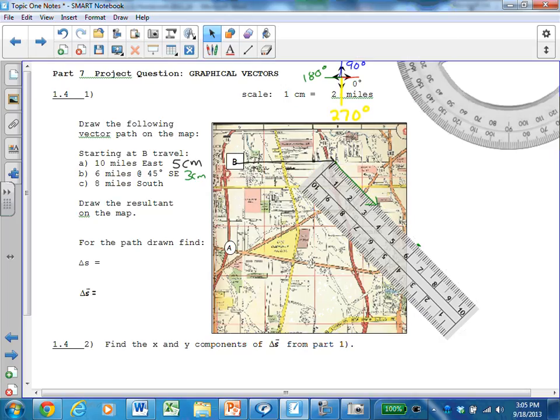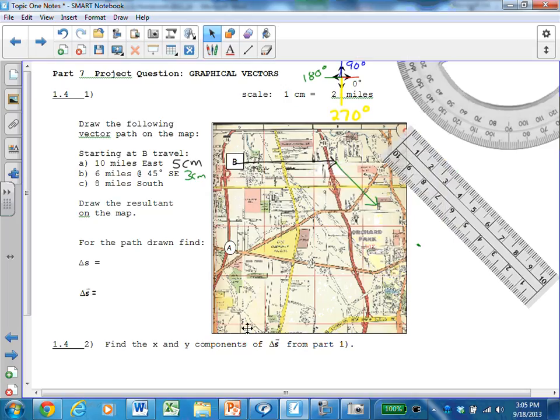You see our two paths so far? Does everybody understand that? The next path is 8 miles south. That's 4 centimeters, right?